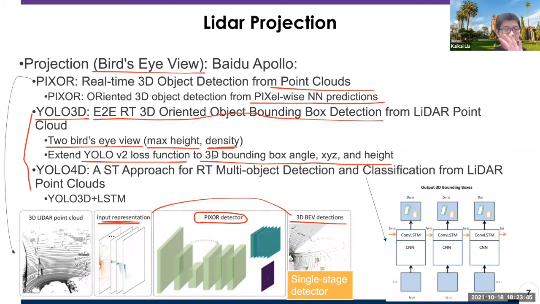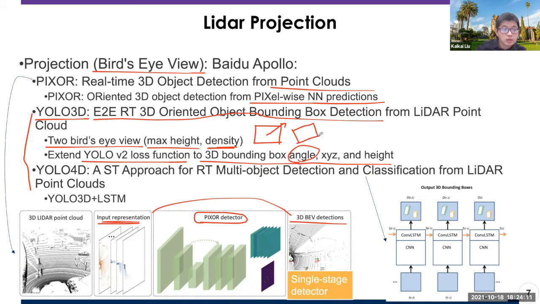The bounding box also needs to have the angle. Previously in 2D detection, there are also angle-based 2D detectors. For example, previously if all the bounding boxes are rectangles, we didn't apply an angle to the bounding box. But there are some detectors where you can apply the angle, so you can have a box like this with better alignment.